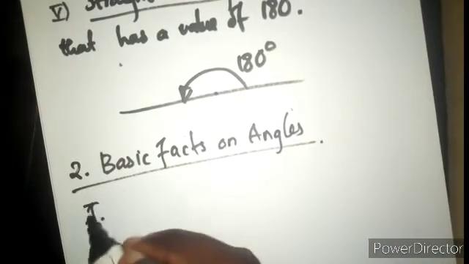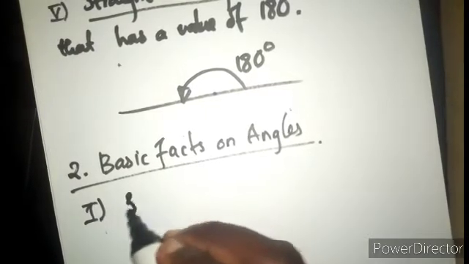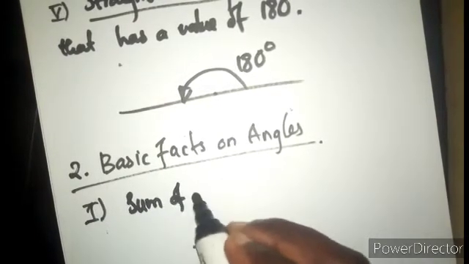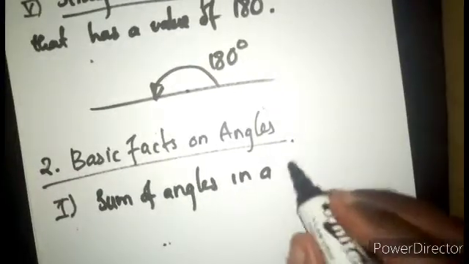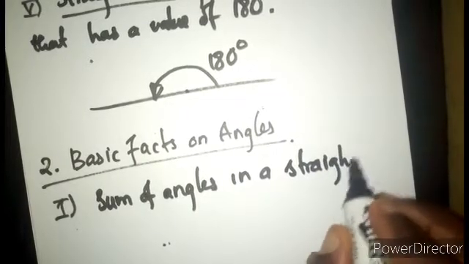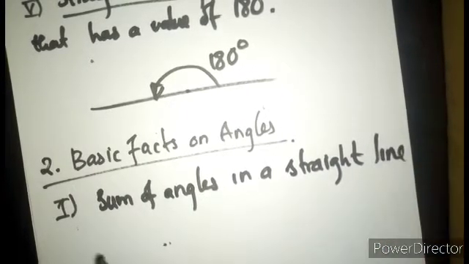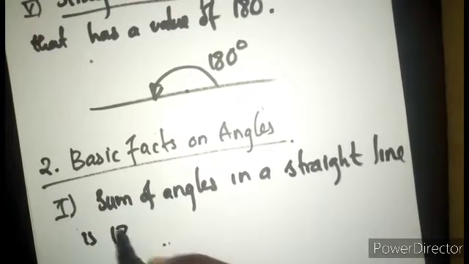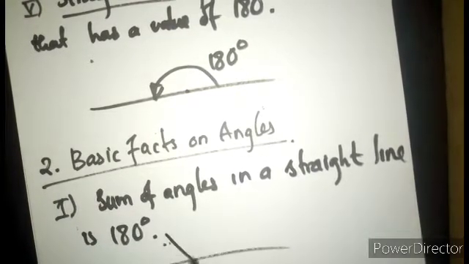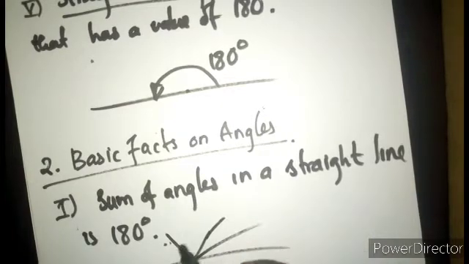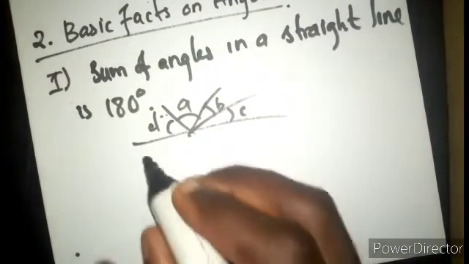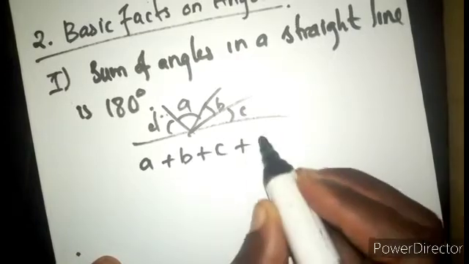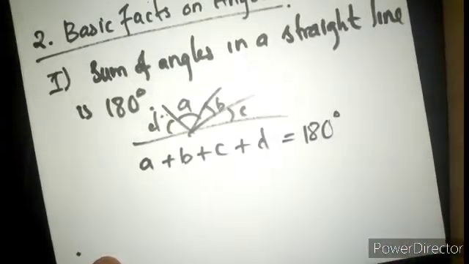The first fact is that the sum of the angles in a straight line is 180 degrees. So if this is A, this is B, this is C, this is D, we are saying that A plus B plus C plus D equals 180 degrees.